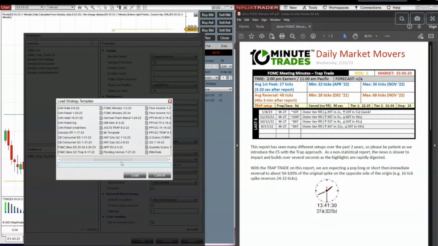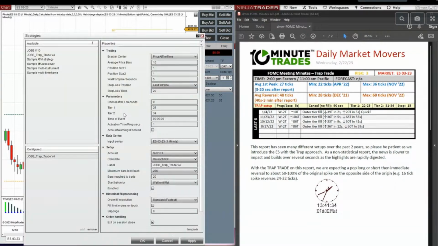FOMC minutes, 25:34. That's my setup. So I've got a stop of 20, and I've got a tier 1 of 25 ticks, a tier 2 of 34. Time of the event is 1400, and I have an activation prep of 1 second.